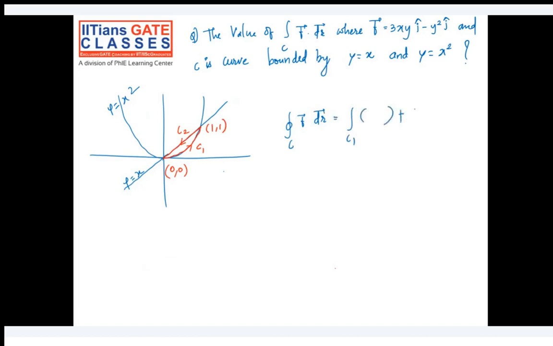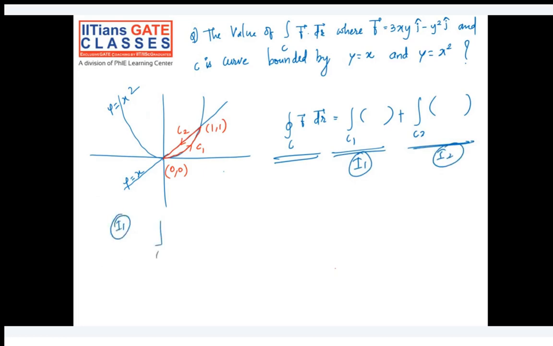At least this first part, let's call it I1 and this I2. How will I1 look? Integration over curve C1, f bar dot dr bar, is equal to integration over C1. What is f bar dot dr bar? F1 dx.